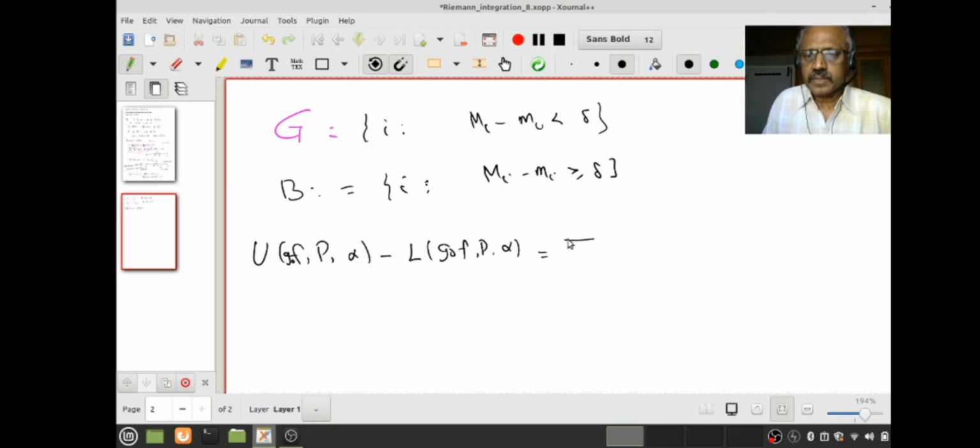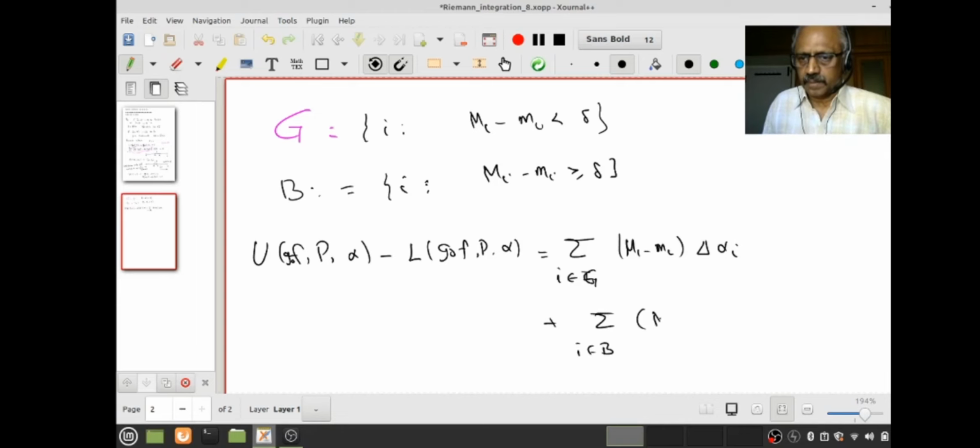This I break into two parts: I in G, Mi minus mi times delta alpha I, plus I in B, Mi minus small mi times delta alpha I.